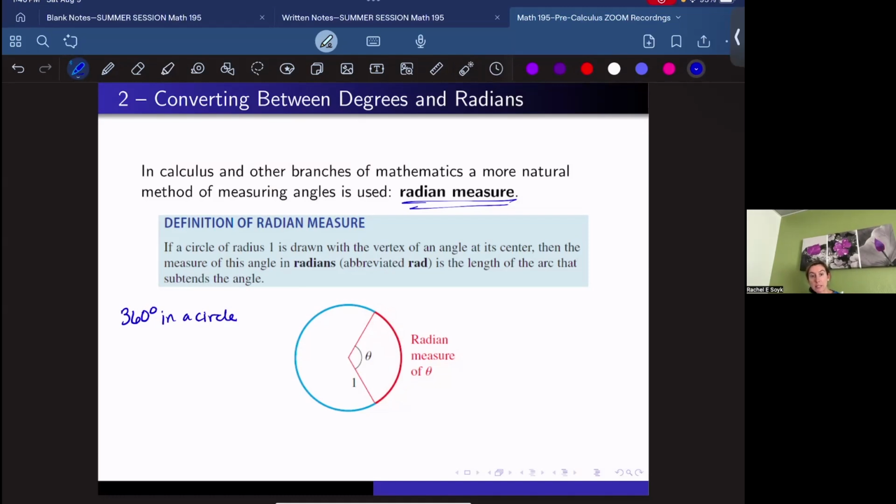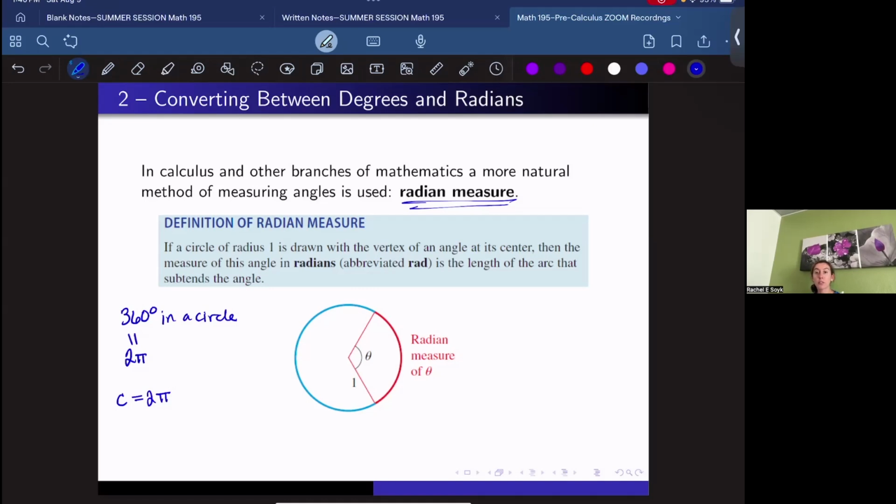And this represents 2 pi, aka our circumference is 2 pi here. And why is that the case?